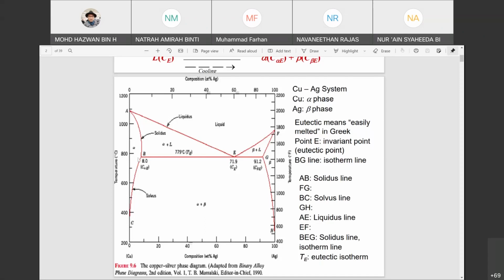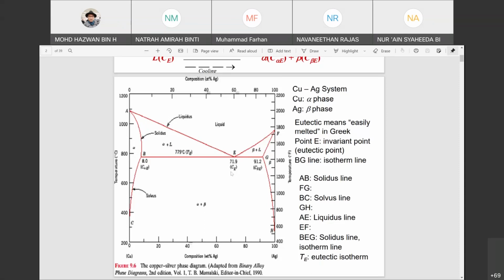If I ask you what the melting temperature of this eutectic alloy is, you can literally read it as 779. It is normally mentioned in the phase diagram over here. You see 779, so this is the eutectic temperature. And the point that intersects between the liquidus line and the solidus line is known as the composition of eutectic.